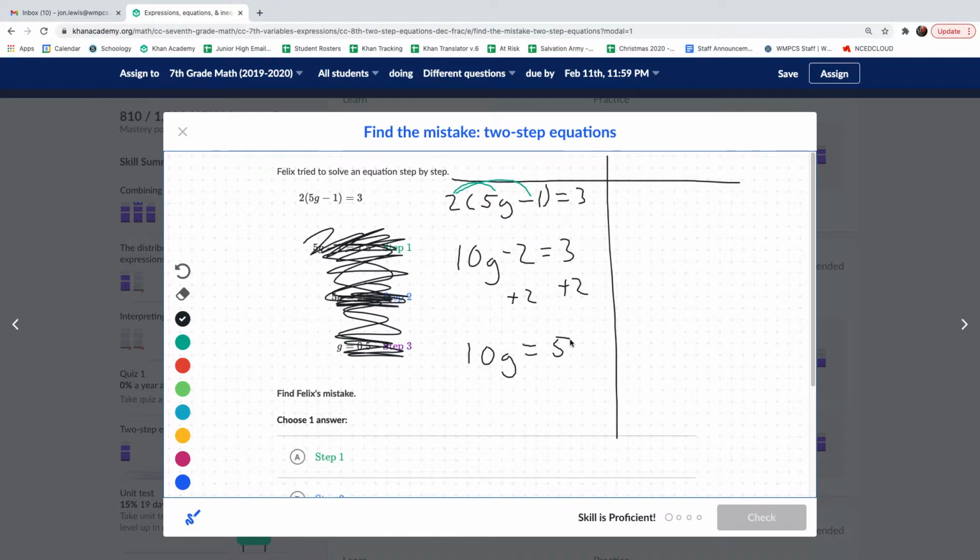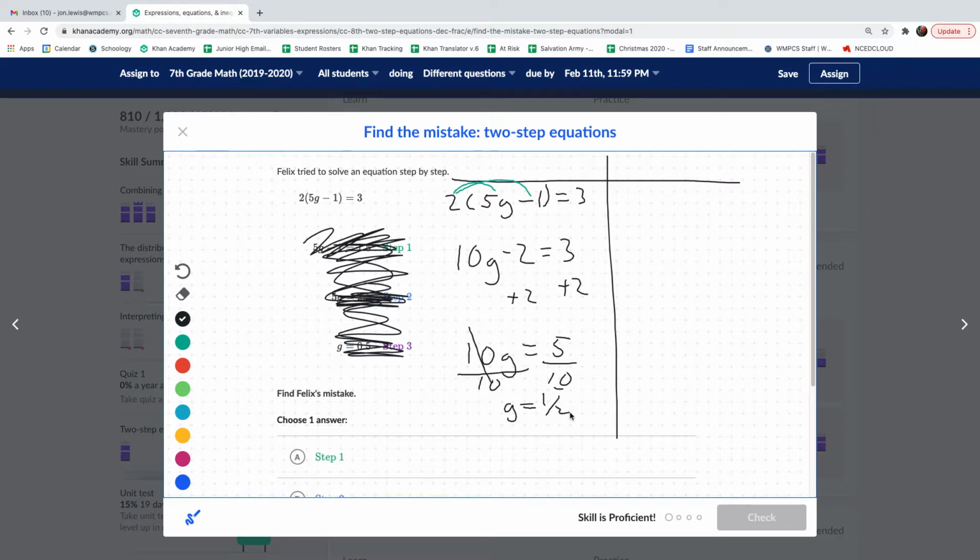And then for our last step, we're going to divide by 10 on both sides. And then what we get is that g is equal to 5/10. However, 5/10 is a fraction that we can simplify into 1/2.